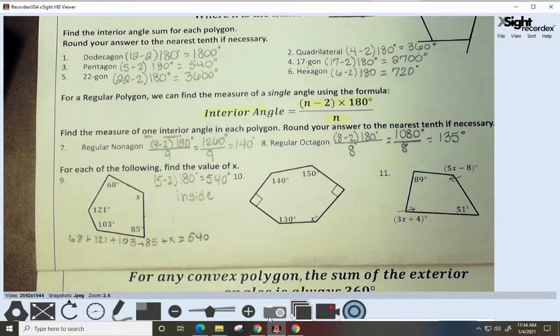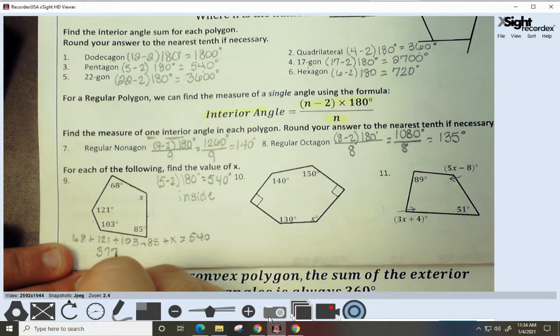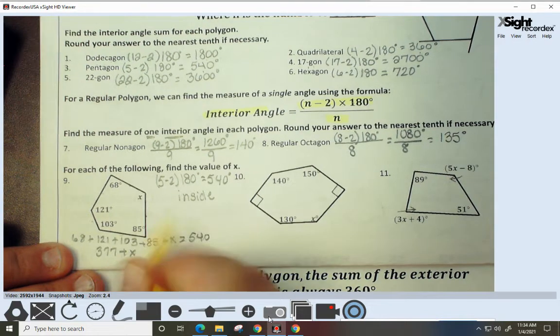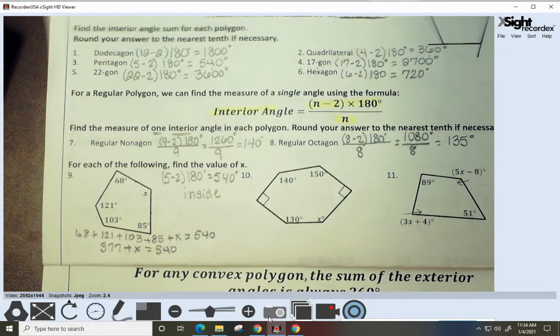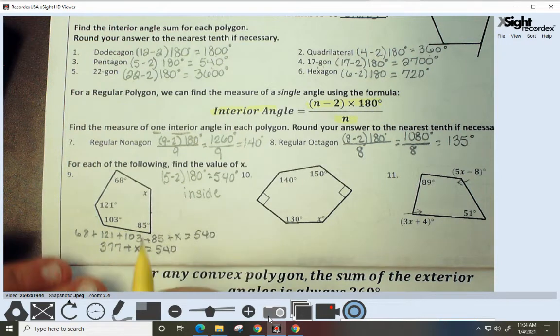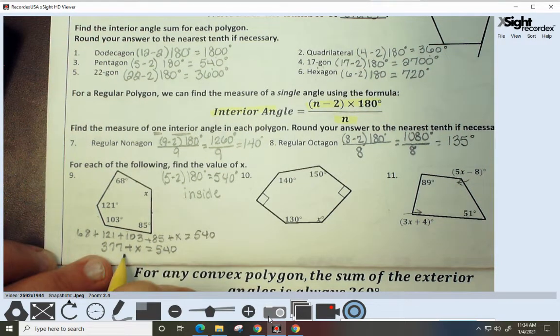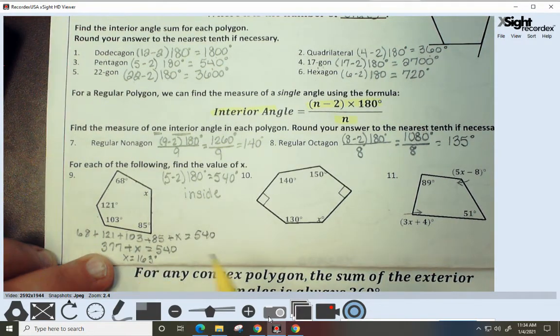Let's add up our 68, 121, 103, and 85. That's 377 plus x is equal to 540. Now let's move the 377 by subtracting it. So x has to equal 163 degrees.